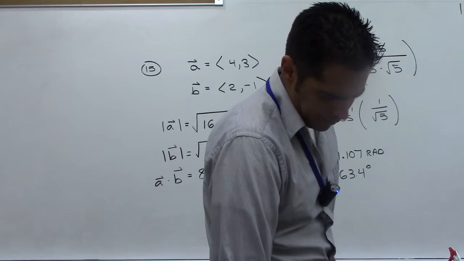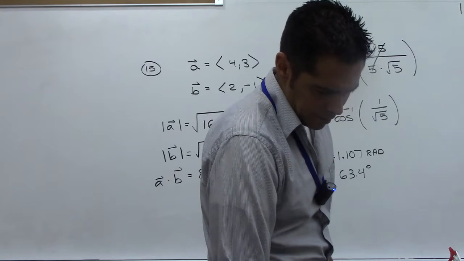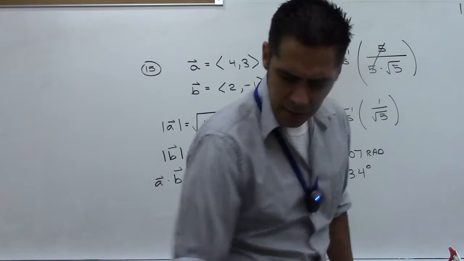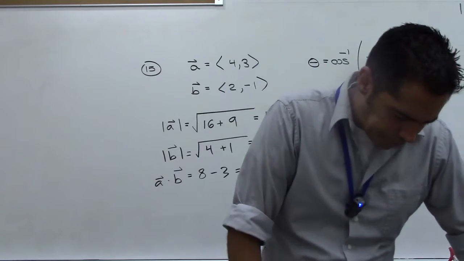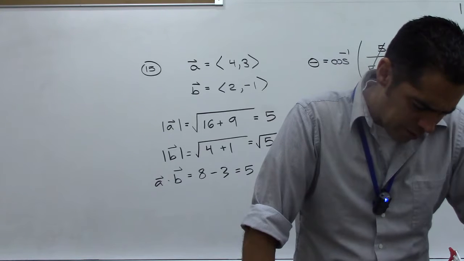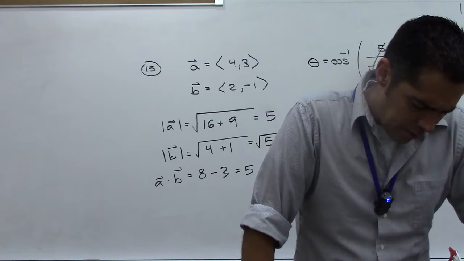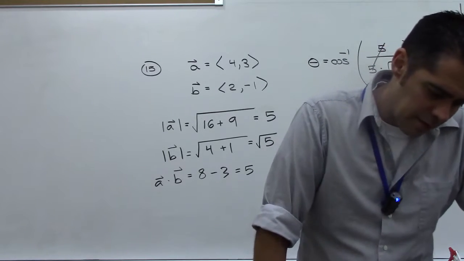Now, I think the rest of these, number 16 and 17, are pretty much the same, except they're three-dimensional vectors. I'll let you mess with that. I think you can handle that.